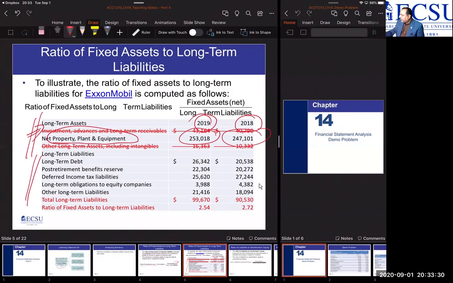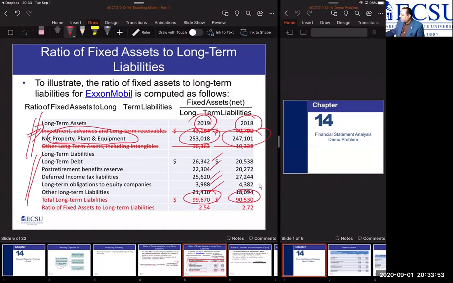Now, long-term liabilities, you have long-term debt, post-retirement benefits, deferred income tax liabilities, long-term obligations, and other long-term liabilities, all add up to 99,670 million, and $90,530 million in 2018.